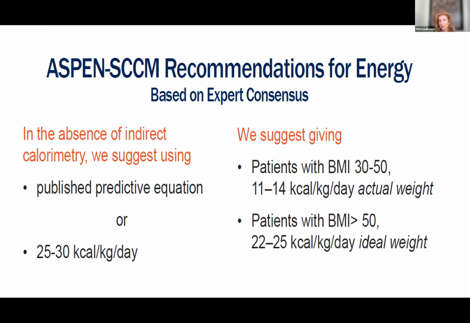ASPEN and SCCM recommend use of a metabolic cart, which is equipment that we use to measure indirect calorimetry. If you don't have indirect calorimetry, then it's recommended that we use predictive equations, or 25 calories per kilogram to 30 calories per kilogram, and that's adjusted based on their BMI.